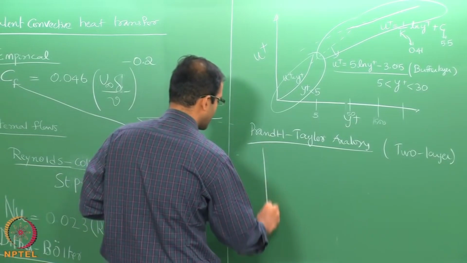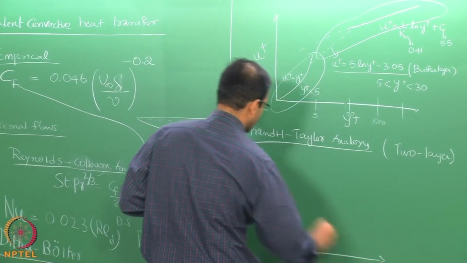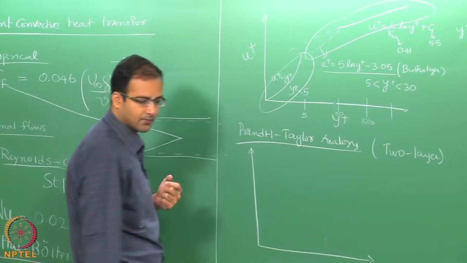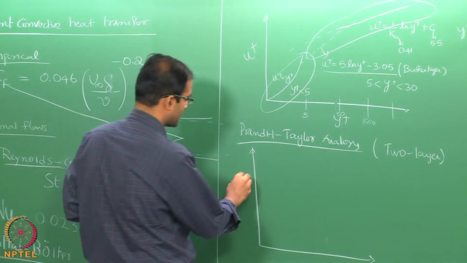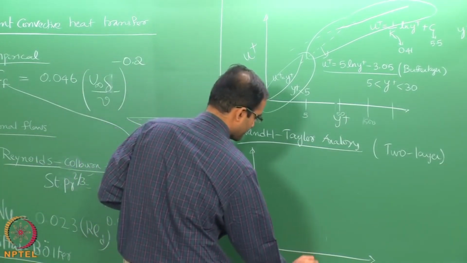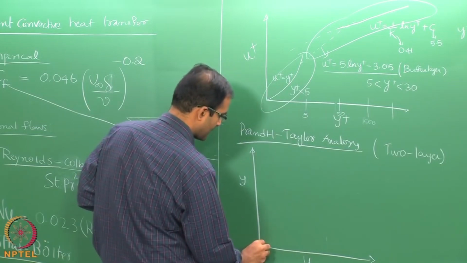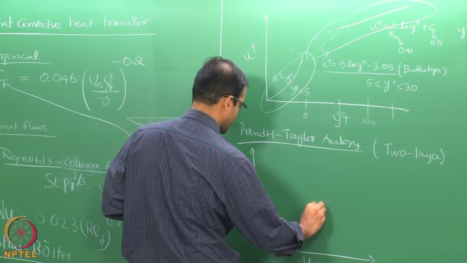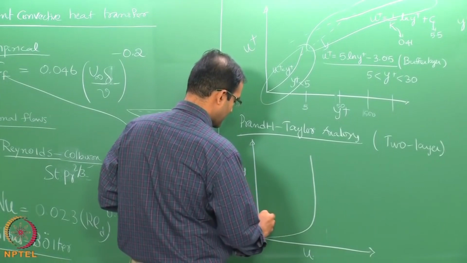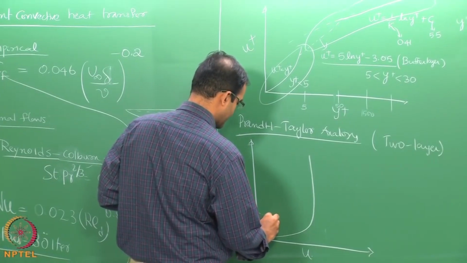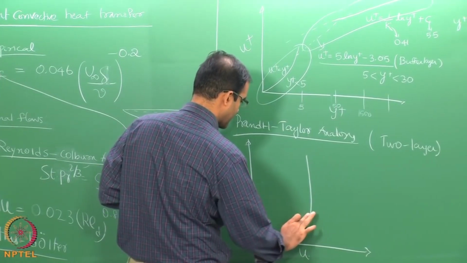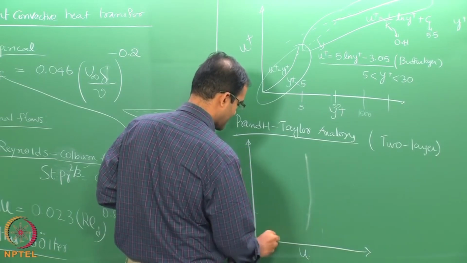When we draw the velocity, for example, as a function of y and also the temperature, we will have a variation like this.